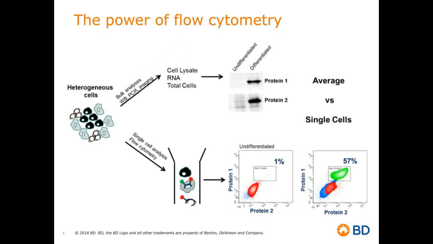So it really tells us in a quantitative way how many cells have responded to a stimulation. Furthermore, and relevant to this webinar, the same technology can also be used to isolate and purify only cells of interest for downstream analysis.